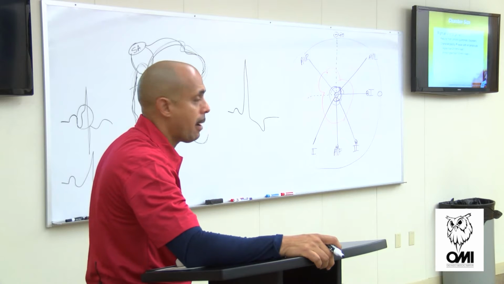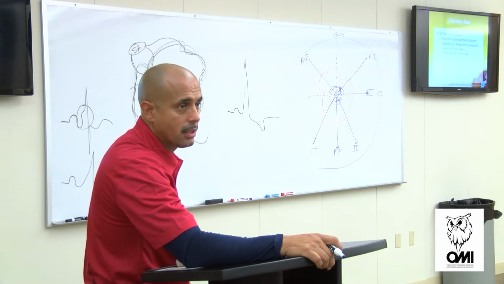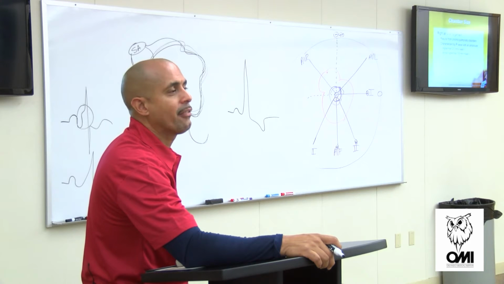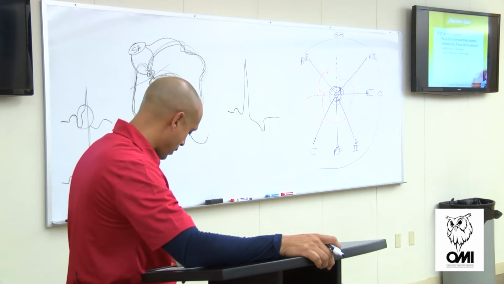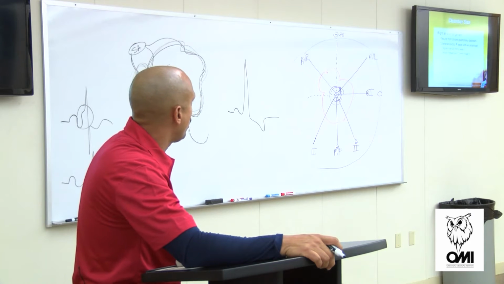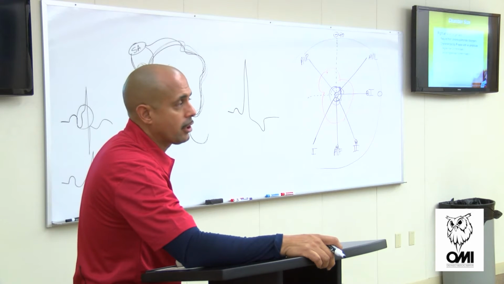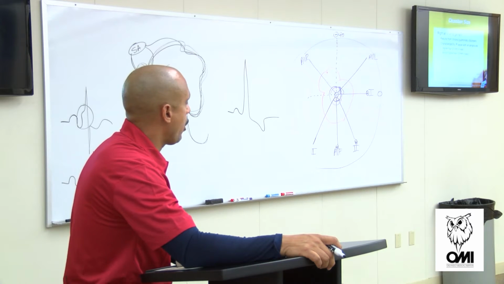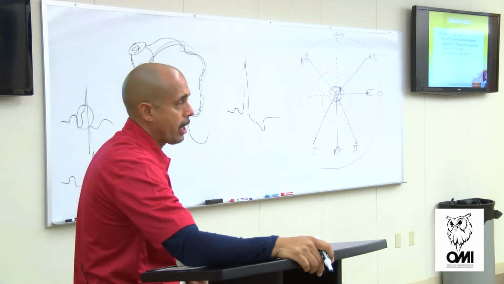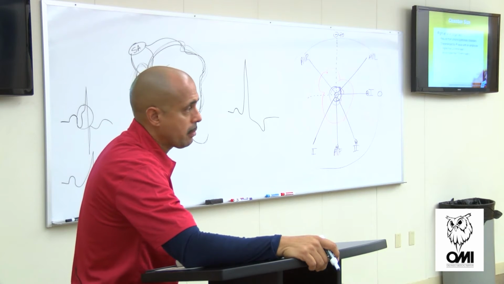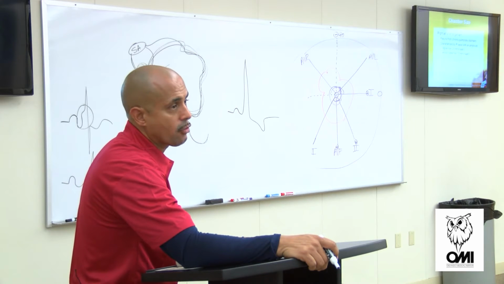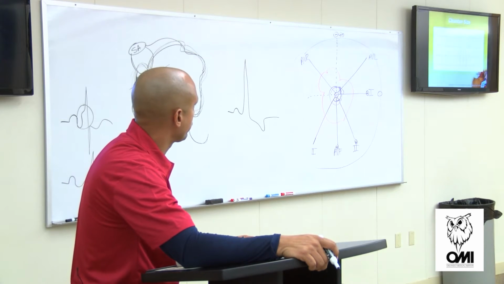How big is that? 2.5 little boxes. If we have a P wave that is greater than 2.5 little boxes, we have atrial enlargement. What side? Right atrial enlargement.